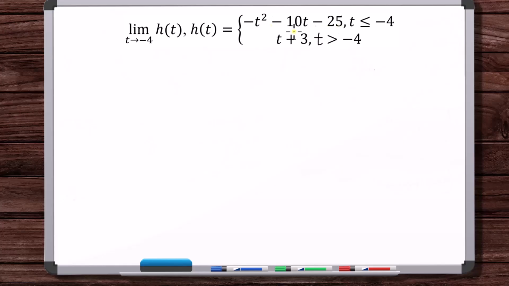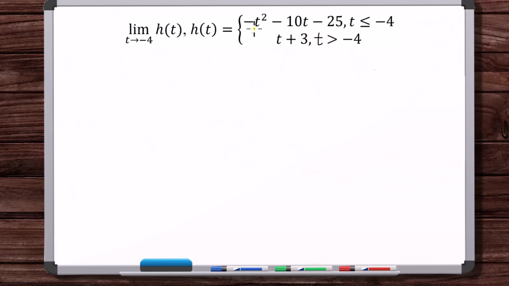Because you have a polynomial here, which is continuous everywhere. But this function is also defined at the transition point minus 4. So the domain of this function is all real numbers. And this function is continuous everywhere other than possibly at minus 4 because you just have 2 polynomials. So the question is, well, what's the function doing at t equal to minus 4?